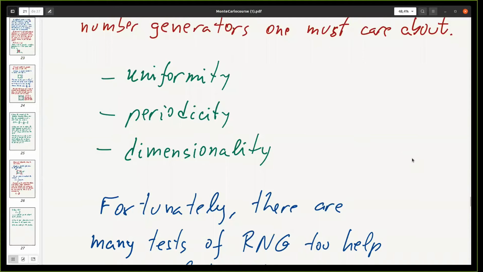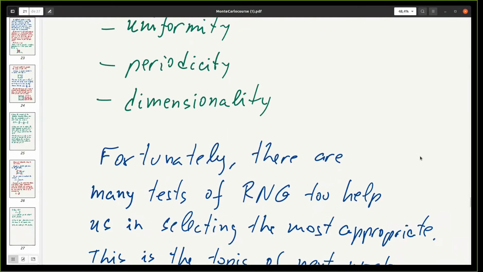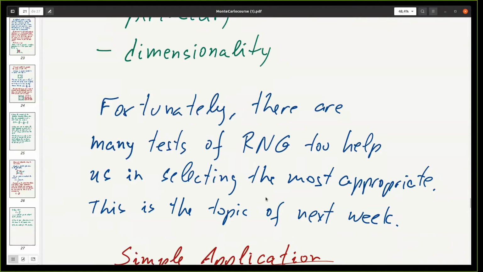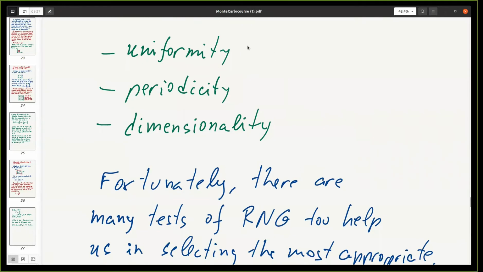So these are three of the features of random number generators that we have to care about. And fortunately, there are some tests that we can use for probing these features and test if the random number generator is good enough for our application.